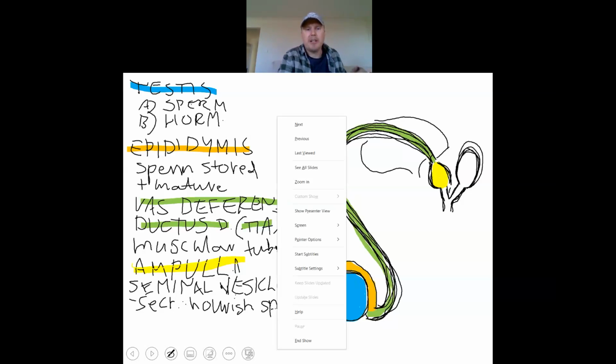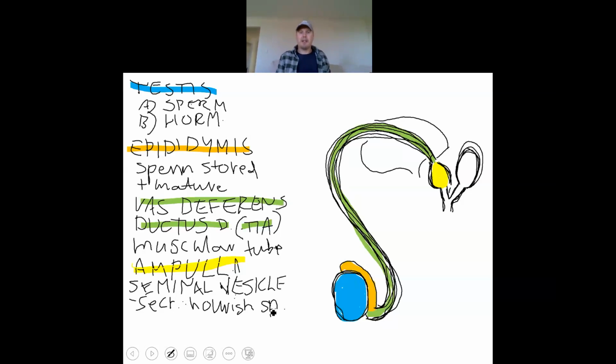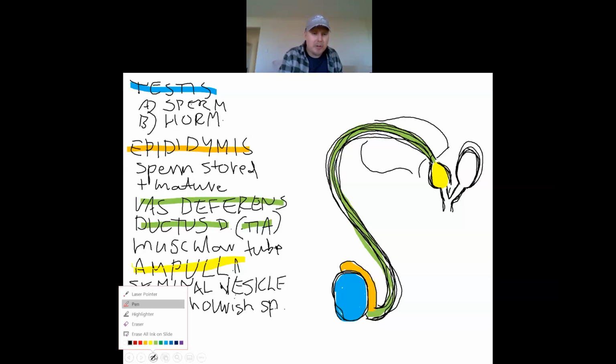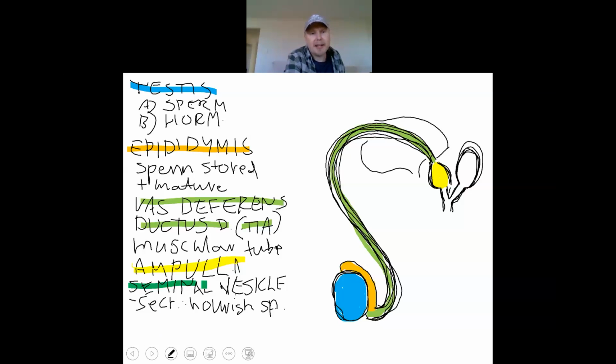I'm just going to leave it there because I'm running out of space otherwise to include everything. And again, I'm going to use highlighter as a color coding, but if you have a better idea how you learn, use that. And it's again different from vas deferens, different shade. You don't have to use the same colors. I'm just using whatever I have available from the PowerPoint by default.